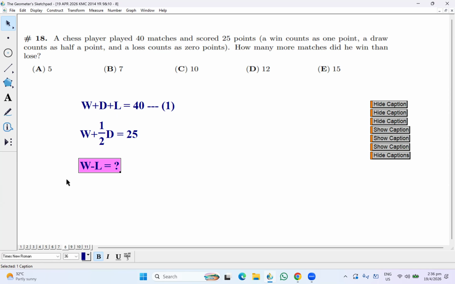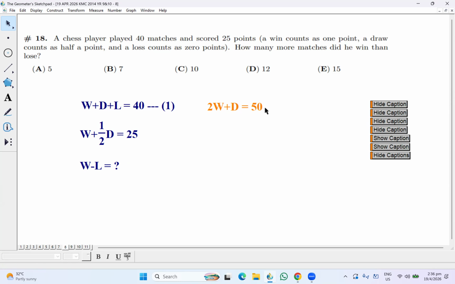You want wins minus losses. How many more matches did he win? W minus L, you want to find. The second equation, multiply by 2: 2W plus D equals 50.